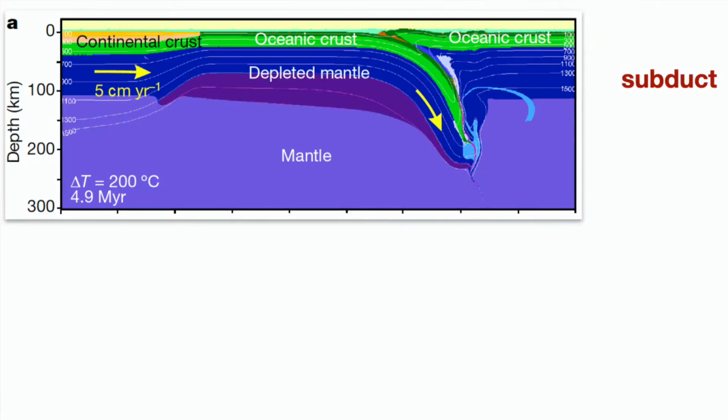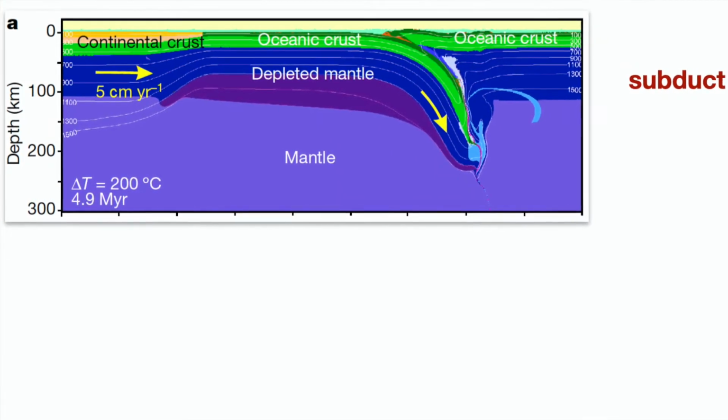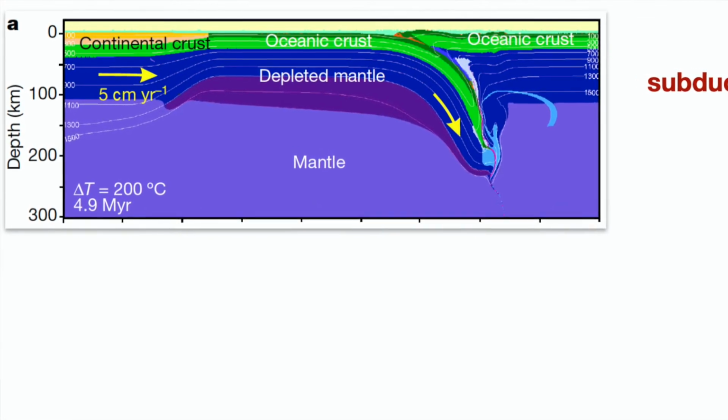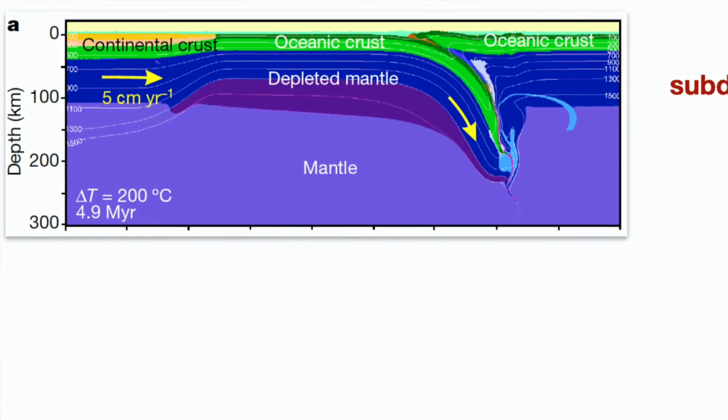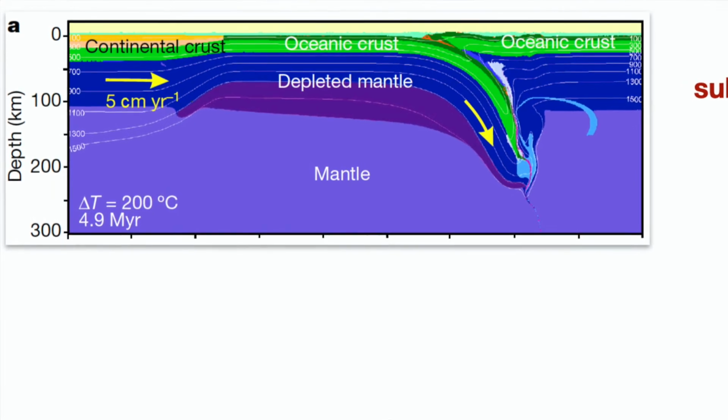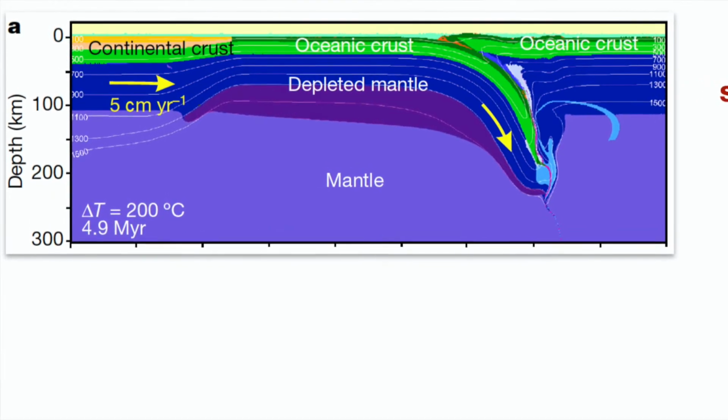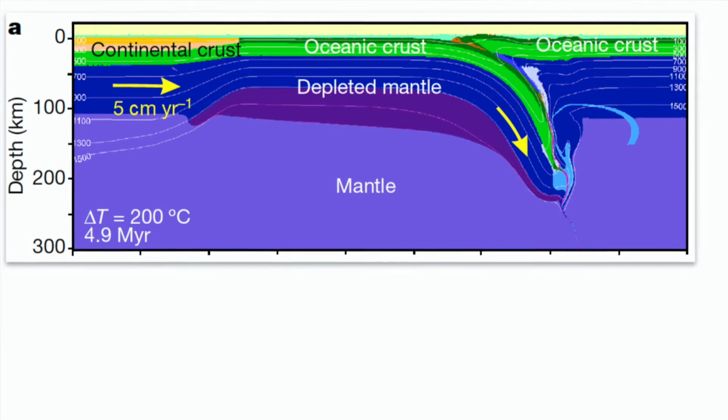The authors set up the simulations with a model of oceanic subduction followed by the collision of an oceanic arc and the continent. There is a pre-existing melt depleted mantle layer at the bottom of the downgoing oceanic plate.